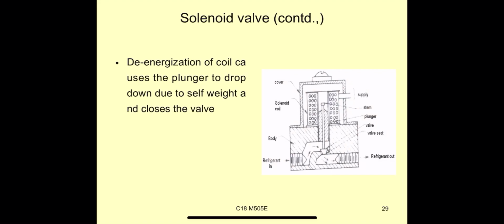As it opens, the refrigerant flows. As it closes, the refrigerant stops. So it depends on the opening and closing of the valve. This is another system, the solenoid valve. So different types of valves are there that we call expansion valves.